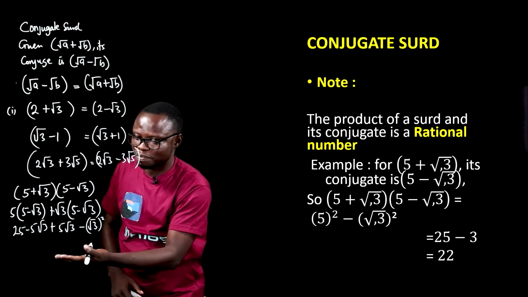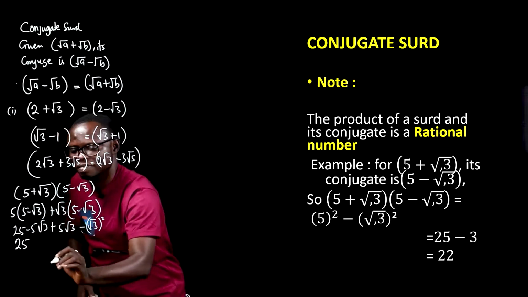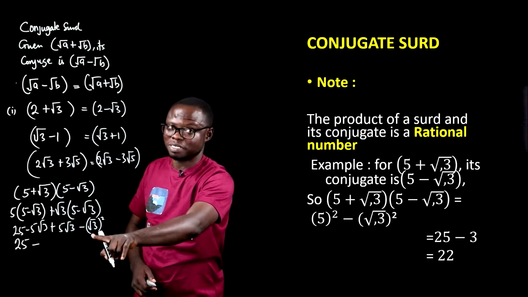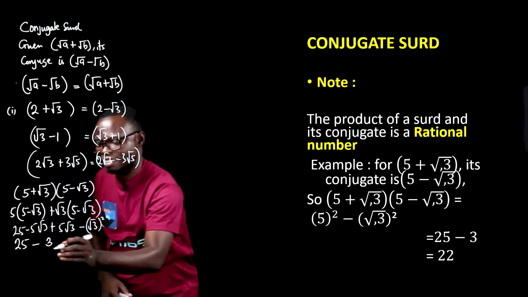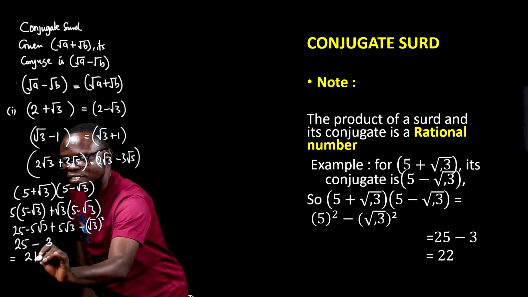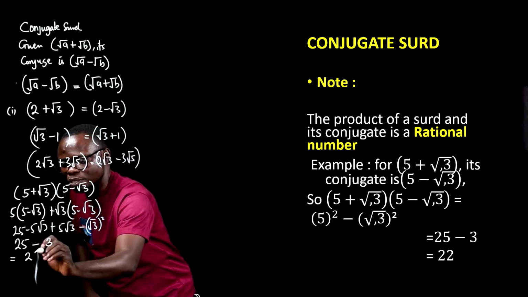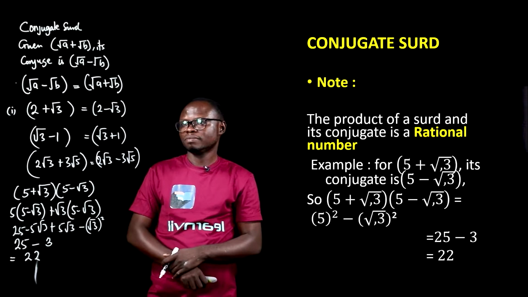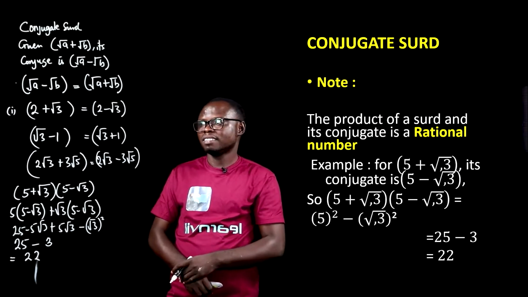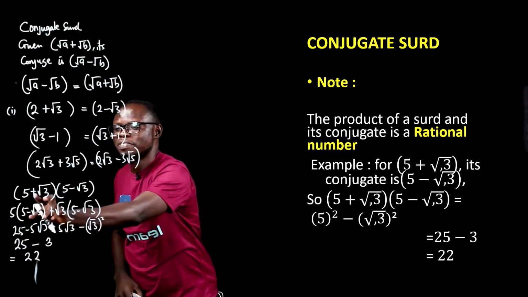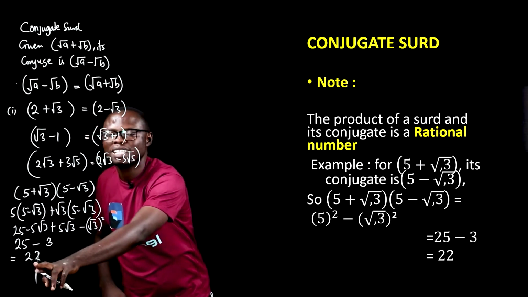And that goes off because minus 5 plus 5 is 0. So we have 25 minus the square root of 3 squared. You remember? That gives us 3. And this becomes 22. Very simple. What do we realize? We realize that if we find the product of a surd and its conjugate, we get a rational number.